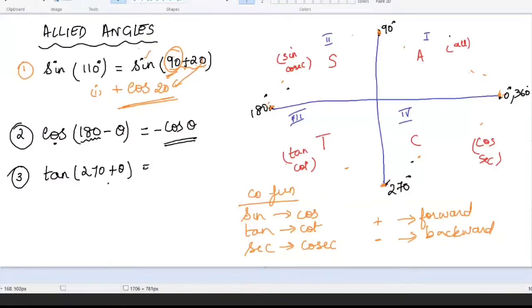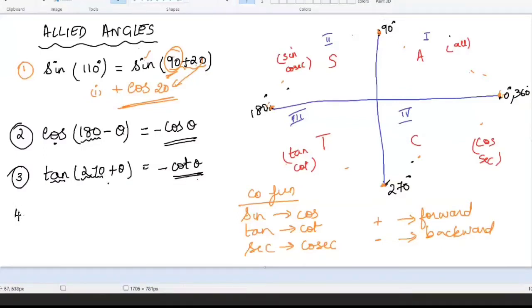In the fourth quadrant, is tan positive? No, it is negative. So write the sign minus. Next step, does 270, the first number here, lie on the standing line or sleeping line? Standing line. So change to cofunction. The cofunction of tan is cot. So therefore this is minus cot theta. I hope 75% is clear.